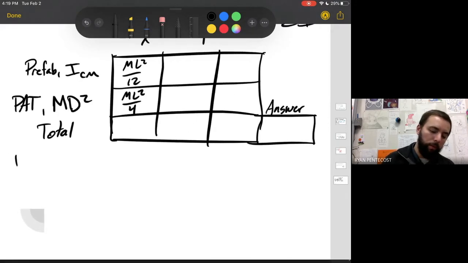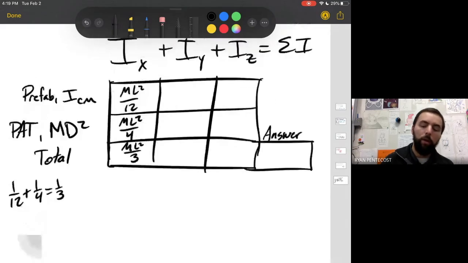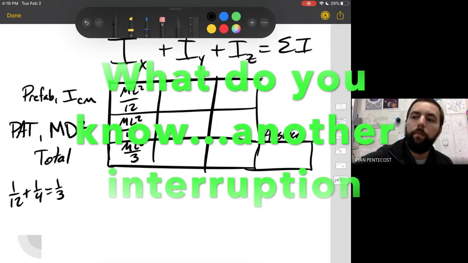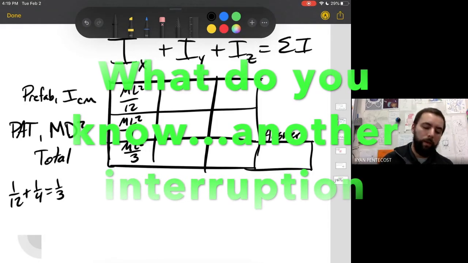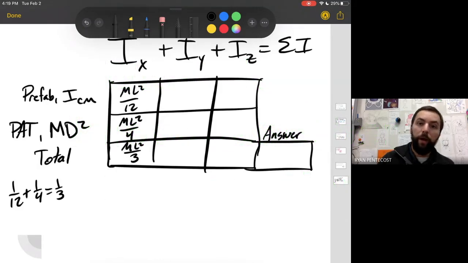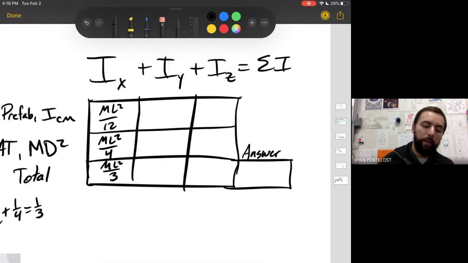And remember, 1/12 plus 1/4 equals 1/3. So once you add those up, you will get ml squared over 3 for the X rod.